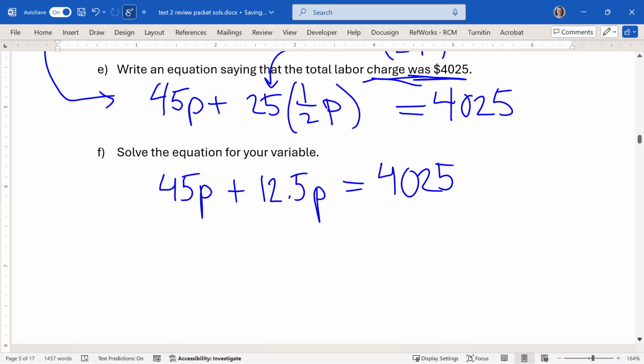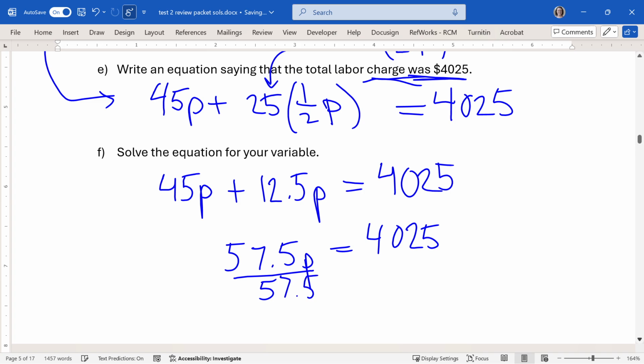So 45 plus 12.5, I think that's 57.5P equals 4025. And then I'm just dividing both sides by 57.5. Oh, I can't do that one in my head, so let me get a calculator and do that.